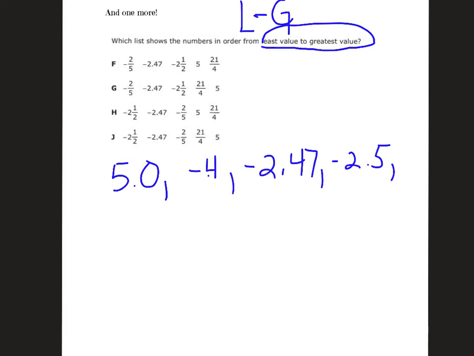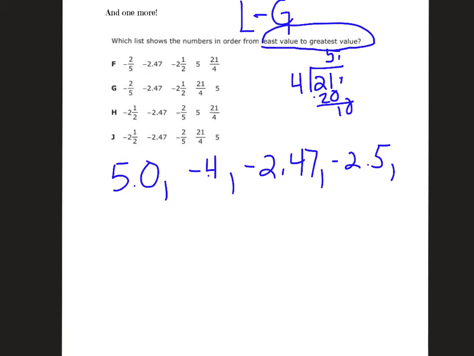Well, we know to convert it to a decimal, we need to put the numerator in the house. So we're going to take 21 and divide it by 4. 4 can go into 21 5 times, which equals 20. Subtract. 4 cannot go into 1, so we're going to add a decimal.